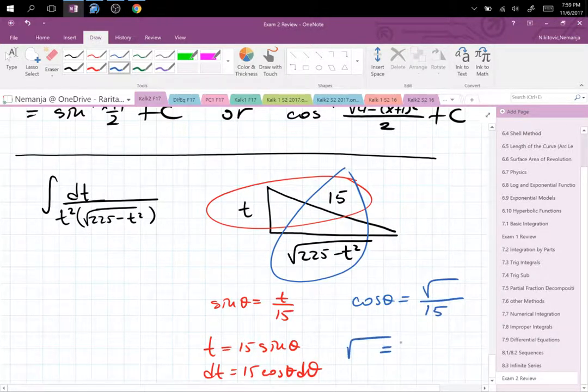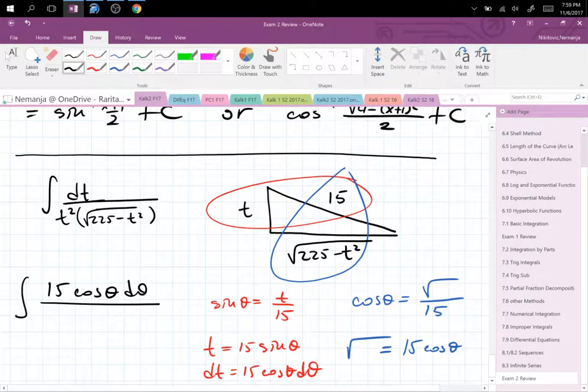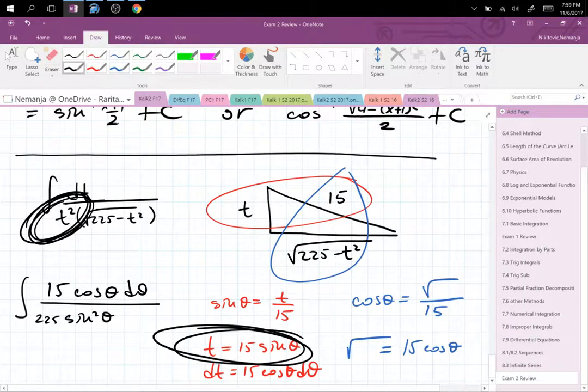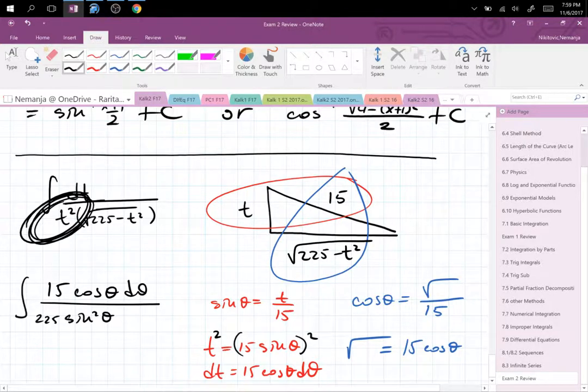So the square root is equal to 15 cosine theta. So now, to substitute, dt is 15 cosine theta d theta. Now we need t squared. t squared is 225 sine squared theta. You have a t squared over here and a t over here, so you have to square both sides to make it a t squared. So that makes it 225 sine squared, and then times the square root, which is 15 cosine theta.